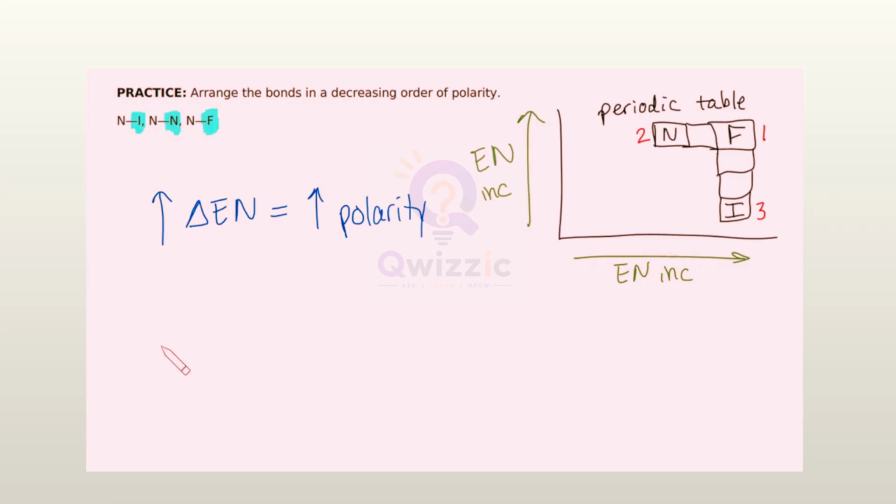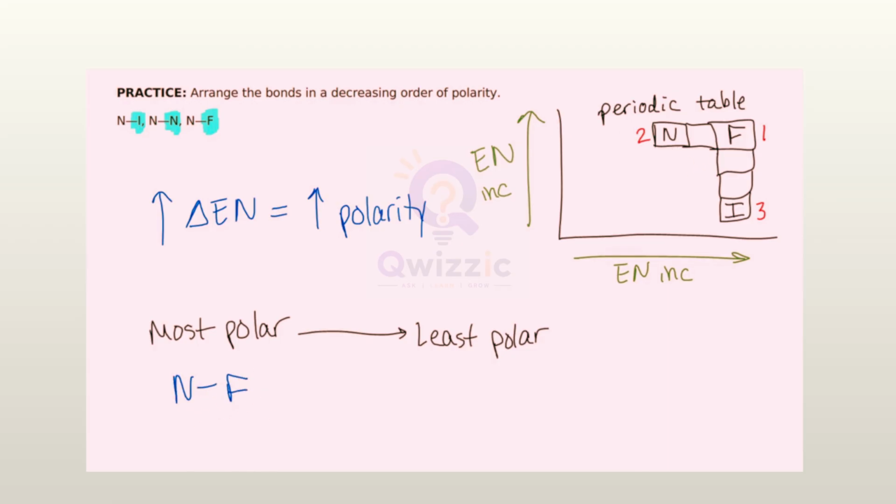But when we're looking at our bonds, like we said, it's about the difference in electronegativity, not just the electronegativity of the individual atom. So nitrogen-fluorine is going to be the greatest difference, right? Because fluorine is the most electronegative.